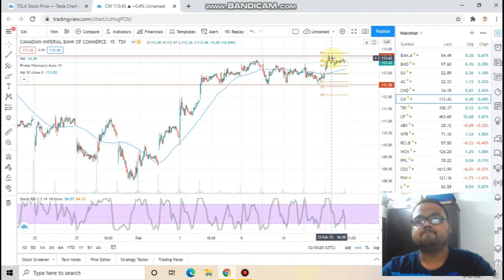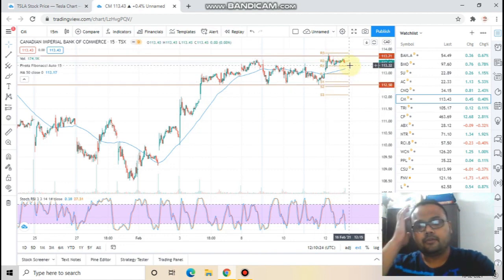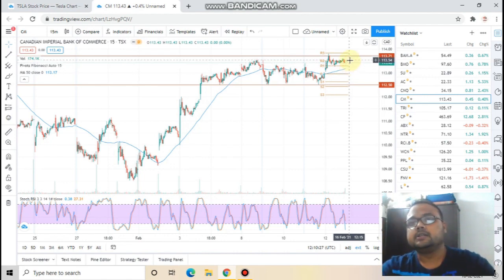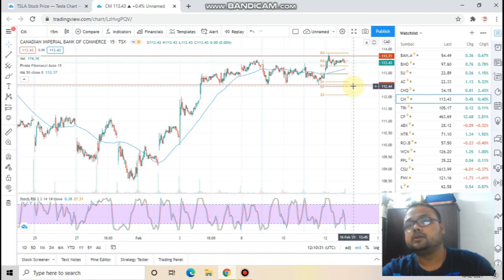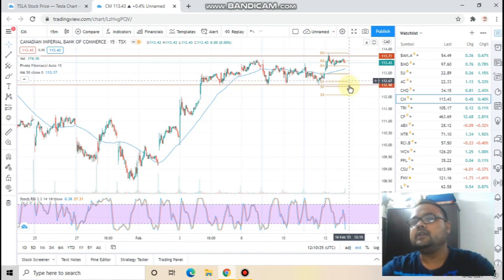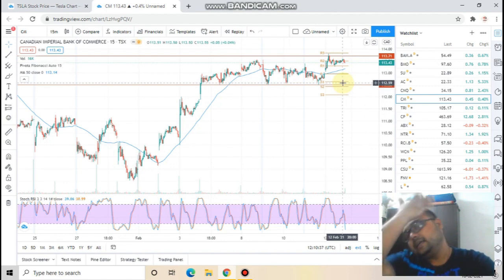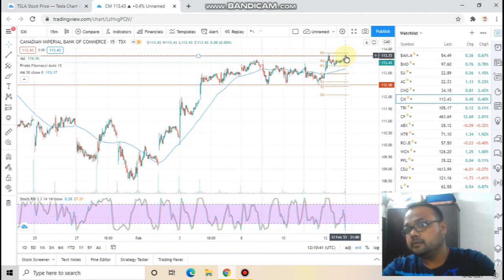That's it. And if it comes down after reaching this resistance zone, to this support zone 112.50, then there is a chance that it will bounce from here. In that case, you can buy, and if it reverses from here, you can short.